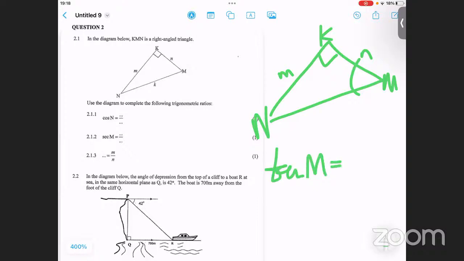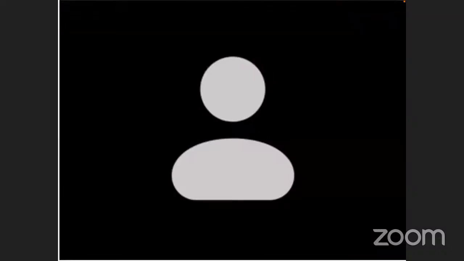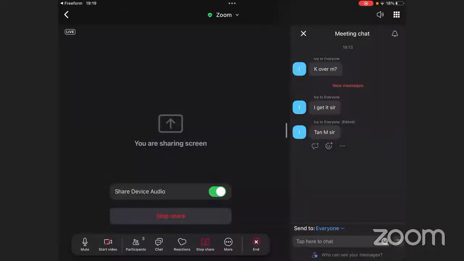What is the opposite of that angle? It is small m. What is the adjacent? Okay, no, this one is correct. Let's see what it is. Okay, yes, so you are correct on that one.